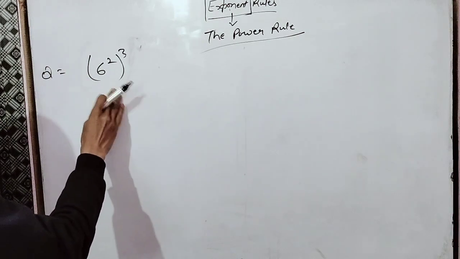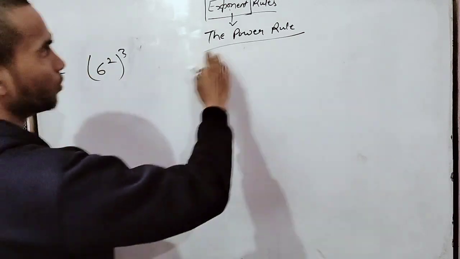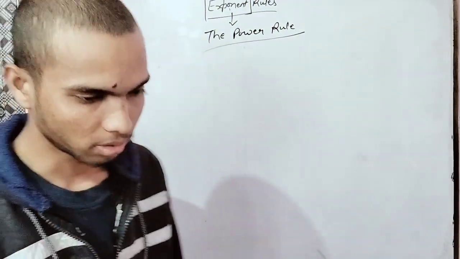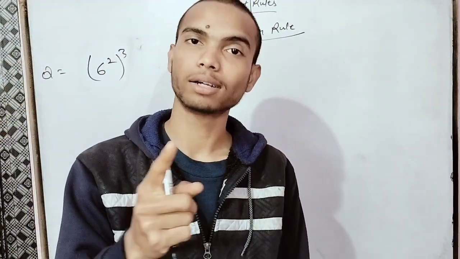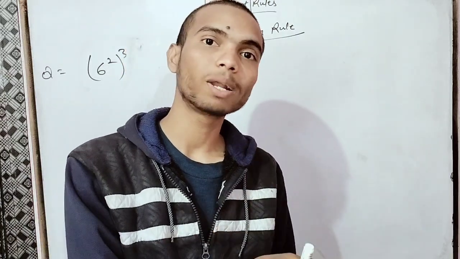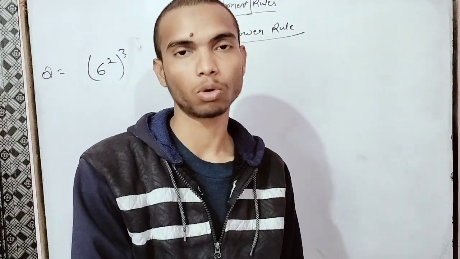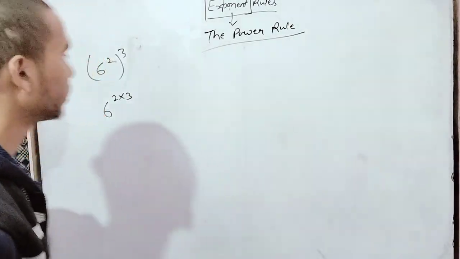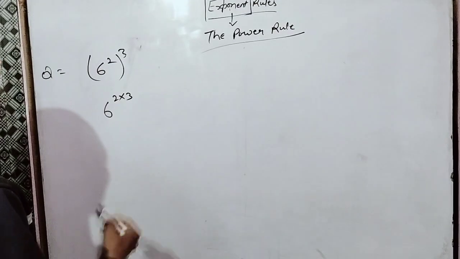Okay, so here we will apply the power rule. The power rule says that just multiply all exponents, whatever we have, because we have more exponents.